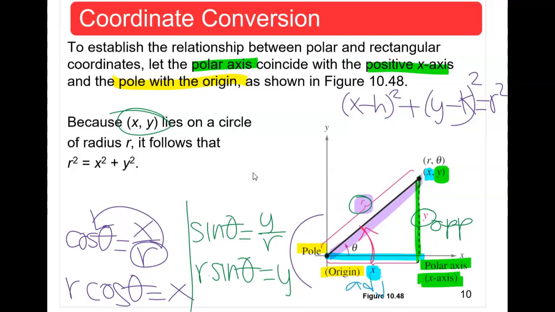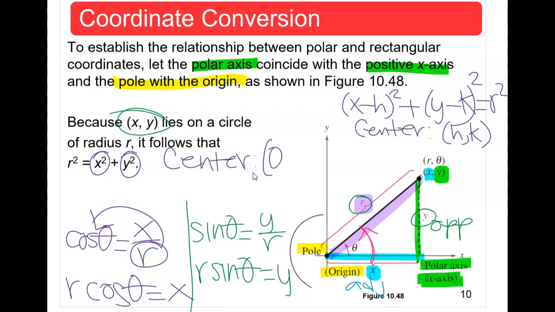The center is always at h comma k. Because we don't have an h and k here, we know for sure that the center is at 0, 0, which makes sense because we are always going to consider the origin as the center of the circles. And remember, we do refer to it as the pole.